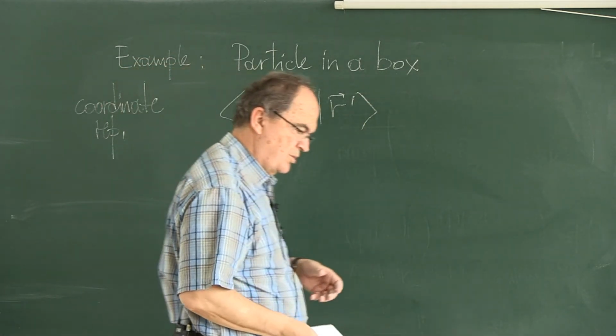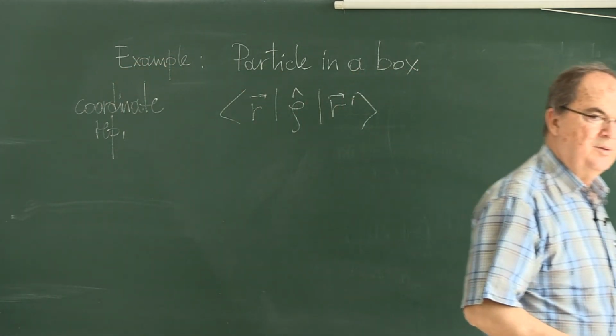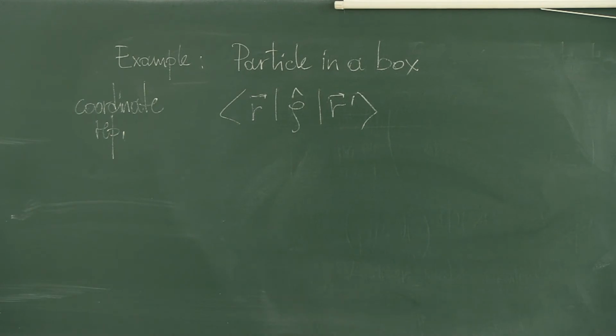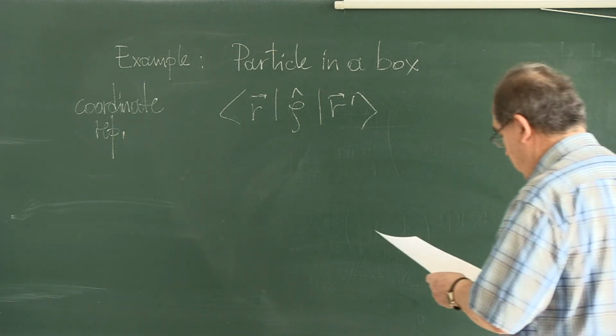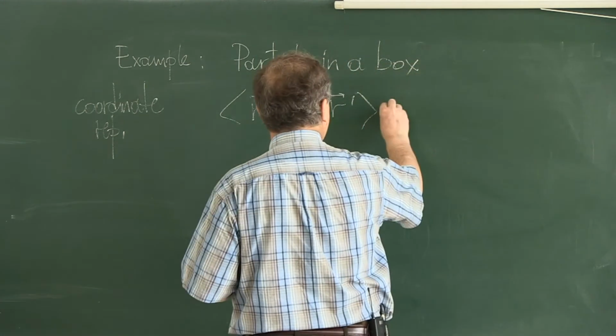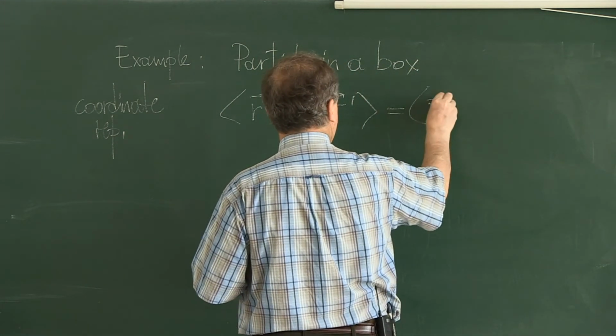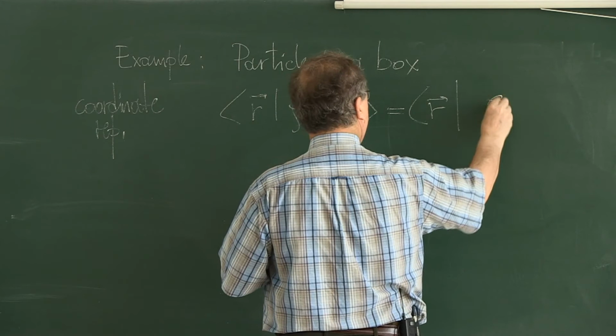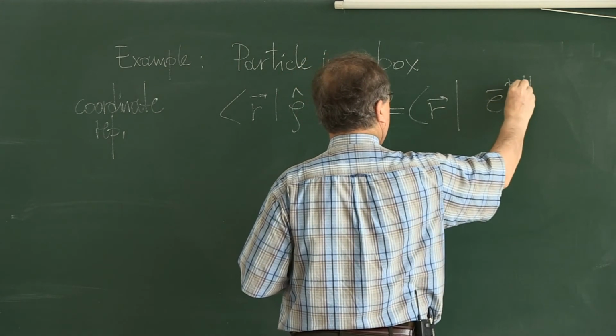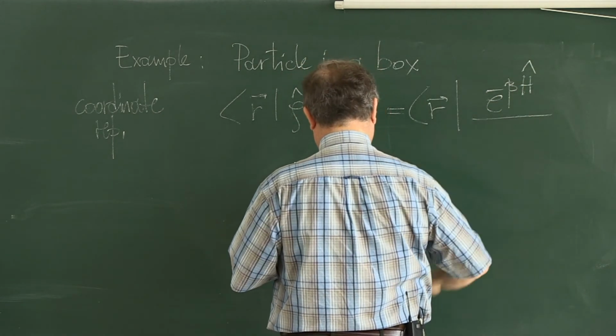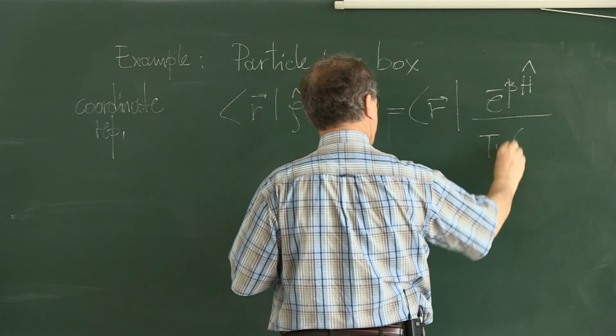So we are going to talk about the probability of finding the particle at a position at a specific point in the box, isn't it? This is the trace of R e to the minus beta h.